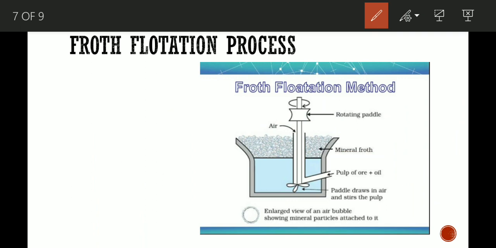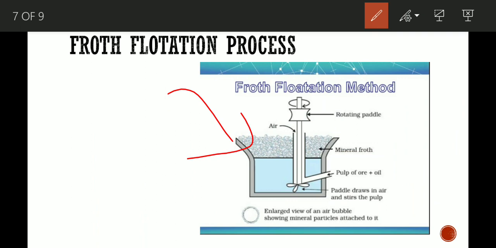Now what happens in this? The powder ore is put in a tank, as you can see here. The powder ore is first put in the tank containing a stirrer, a device for passing compressed air, and all the above materials which I just discussed. Now foam is produced by wetting and lifting of sulfide ore.